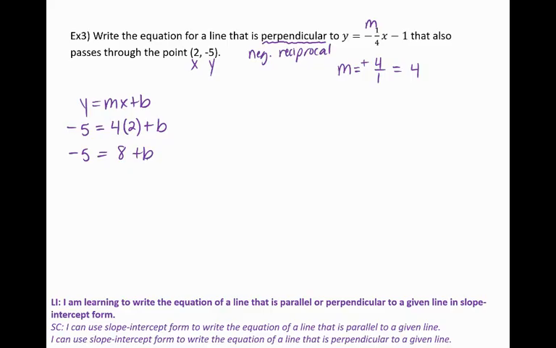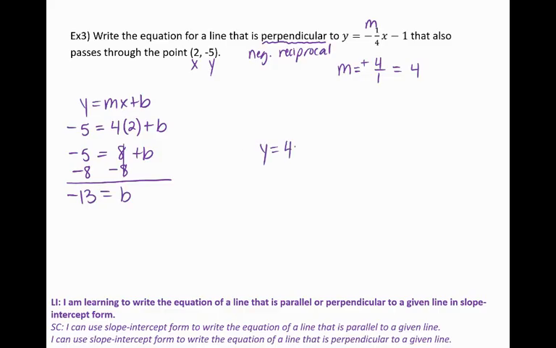I need to get b by itself. So I'm going to do the opposite of a positive 8, so I'm going to subtract it. Negative 5 minus 8 is negative 13. 8 minus 8 is 0. So I have negative 13 equals b, and I'm ready to write my equation.